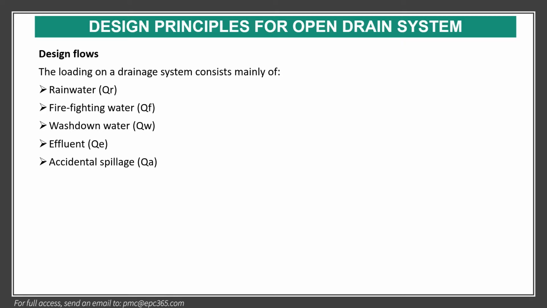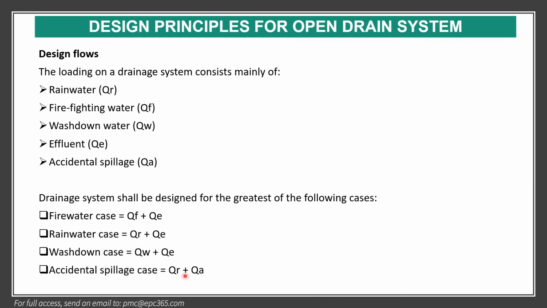So the design principle for open drain system: the design flow is the loading on the drain system, which for open drain consists of rainwater, firewater, washdown water, effluent, and accidental spill. The system shall be designed for the greater of the following cases.